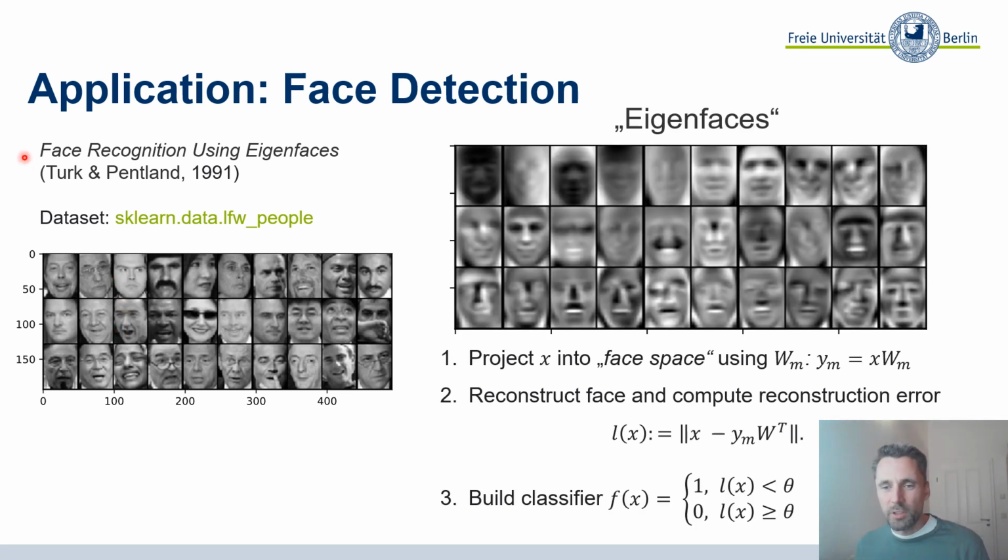And this is what the result looks like. So eigenfaces is what they call those eigenvectors. And since they are images, you can also display these vectors as an image. And you see the first components correspond to the overall brightness of the face, right?